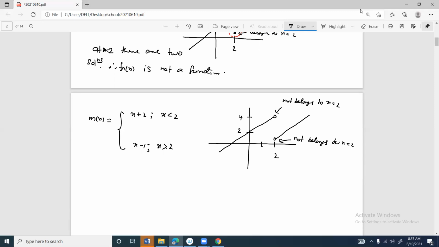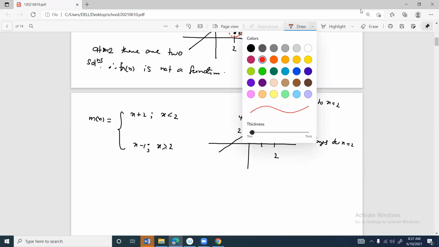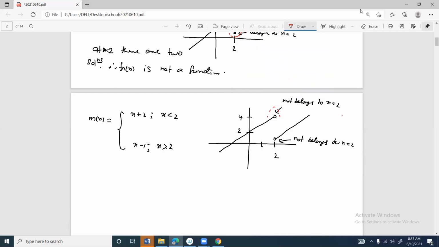So if I put x equals 2, it is not explained by this equation or this equation. That is a fact we need to understand. You cannot get a solution for x equals 2 from either equation in the function. Therefore, the function does not satisfy any condition at x equals 2.